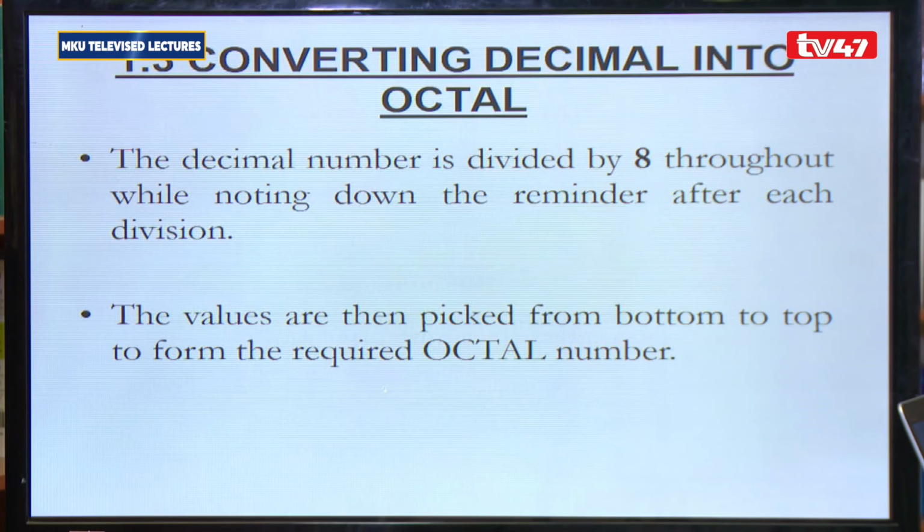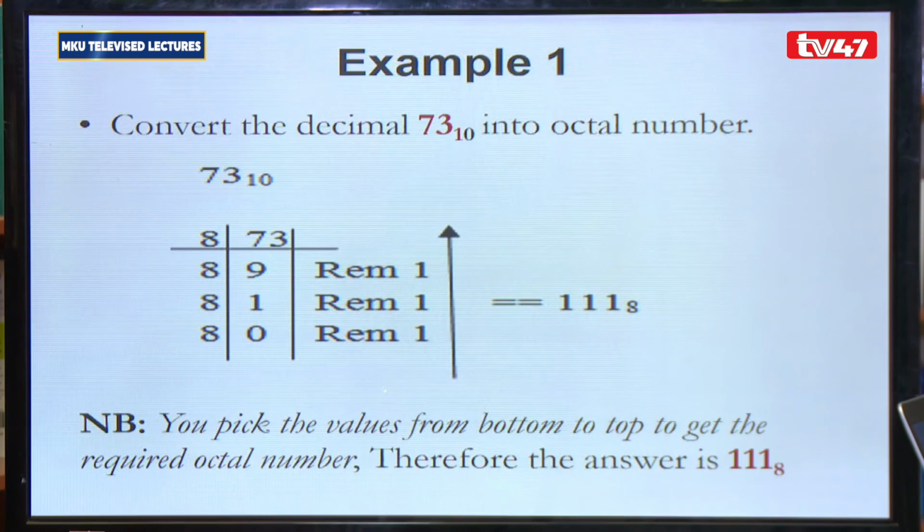The decimal number is divided by 8 throughout, and then you note down the remainder after each division. As we have done with the binary, you pick the values from bottom to top to get the required octal value. For example, if you want to convert 73 base 10 into octal, you divide by 8 throughout.